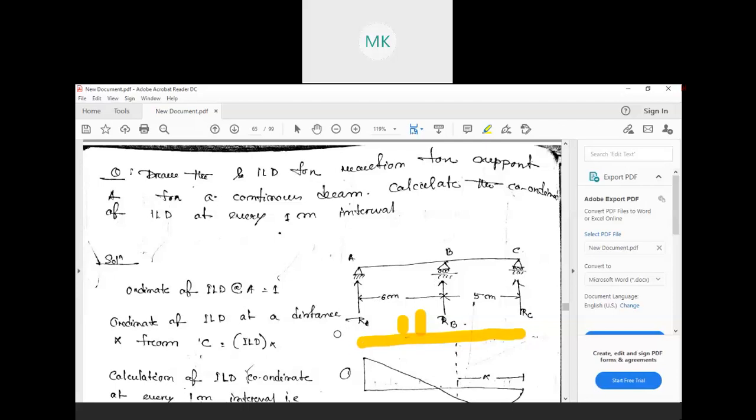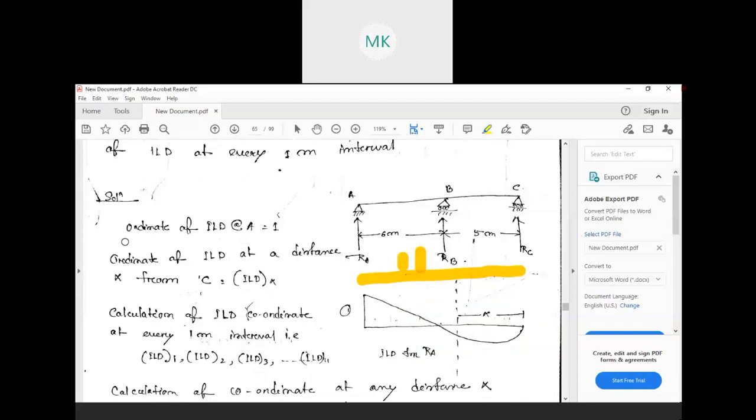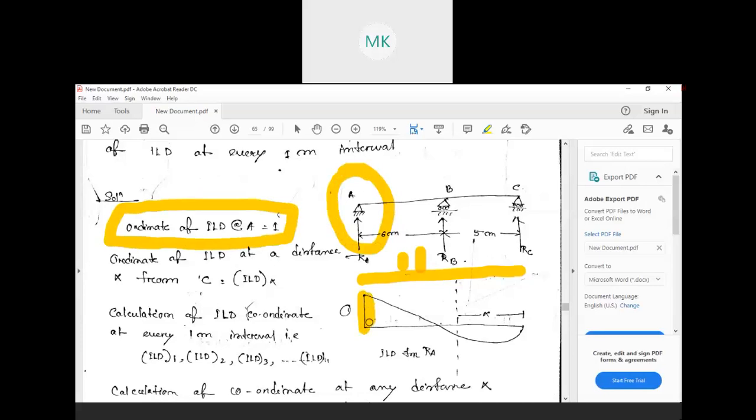For this, as per the condition, we need to assume a unit load at any one of the supports. So we are considering the coordinate of ILD at A as 1; this value we are already considering as 1. Then we will find the ratio.